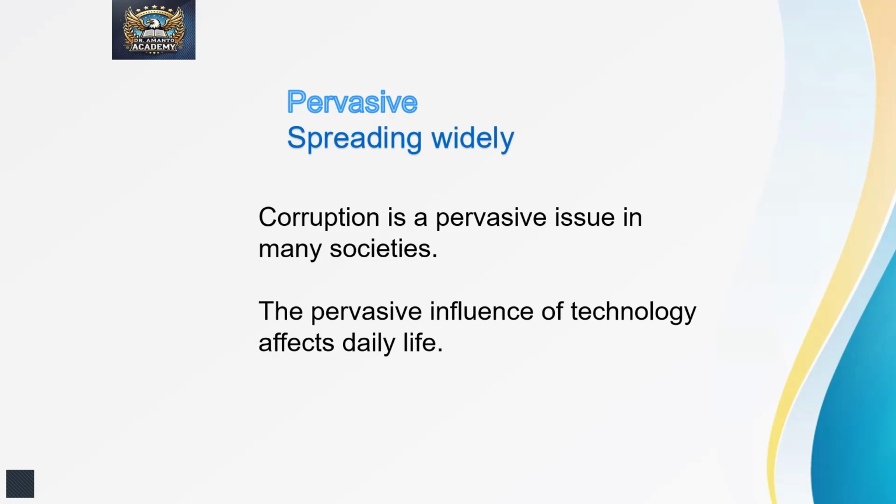The pervasive influence of technology affects daily life, kind of like ubiquitous, but pervasive influence of technology means everywhere it has widely influenced and penetrated, entered into the daily life of individuals and people. So it is a pervasive influence that is covering everywhere and everyone.